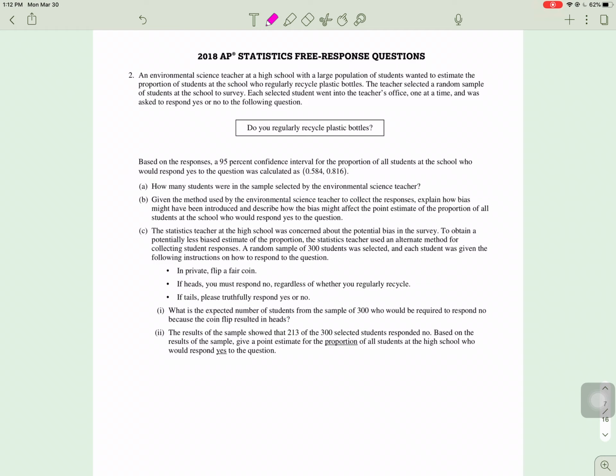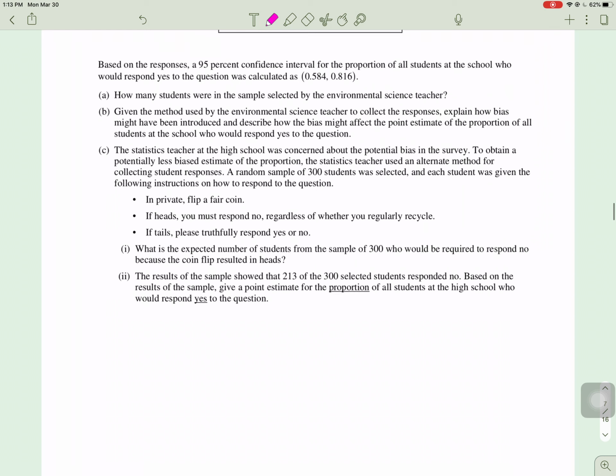Based on their responses, a 95% confidence interval for the proportion of all students at the school that would respond yes was calculated to be between 0.584 and 0.816, which means that they're about 95% sure that the true proportion of people who recycle bottles is between about 0.584 and 0.816. So part A says how many students were in the sample selected by the teacher, which is a confidence interval working backwards problem.